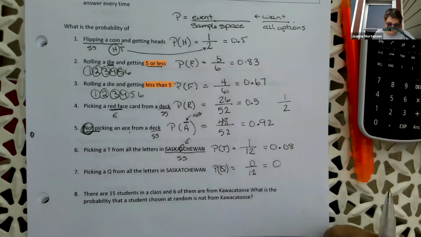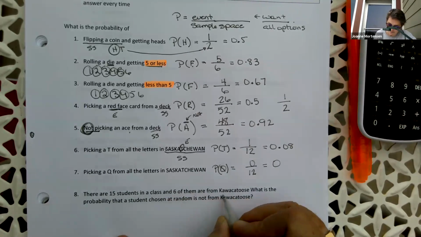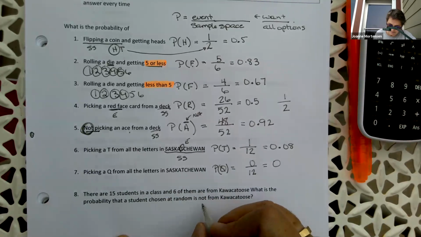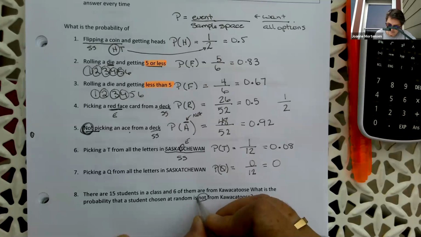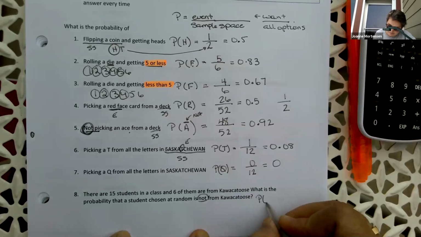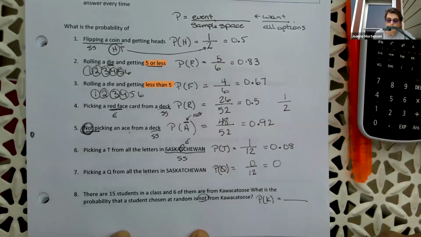All right, last one. There are 15 students in a class, and 6 of them are from Coacatus. What is the probability of a student chosen at random not being from Coacatus? Trying to mess you up. What is the sample space? How many students do we have to choose from?